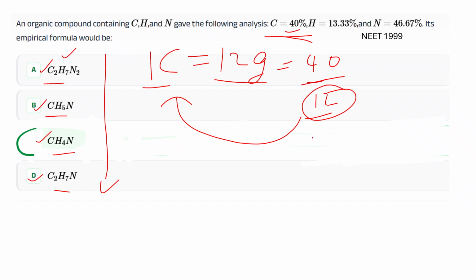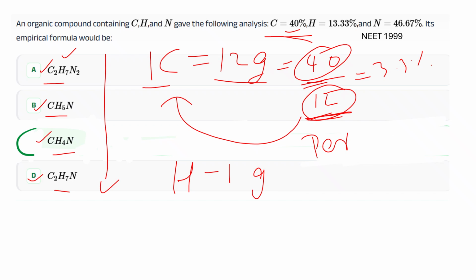Anything in the denominator comes with the word per. 40 percentage per 1 mole of carbon will give 3.33 percentage. In the same way I am solving for hydrogen. Hydrogen always has 1 gram. So 13.33 divided by 1 is nothing but 13.33 percentage.